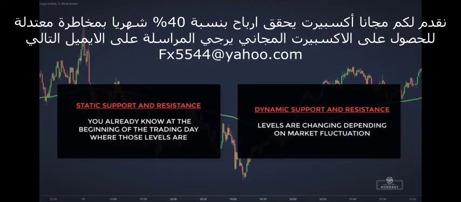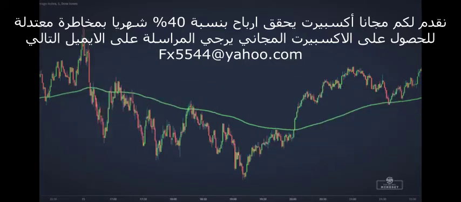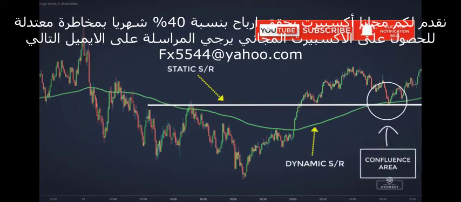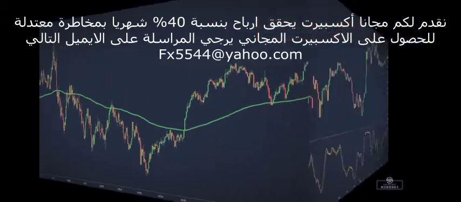With dynamic support and resistance, you don't know an exact number as these levels are changing depending on market fluctuations. This is a good thing for our scalping setup because we can use both static and dynamic levels in our advantage. So we add the 200 EMA and start searching for areas of confluence between the dynamic support and resistance and the static support and resistance.